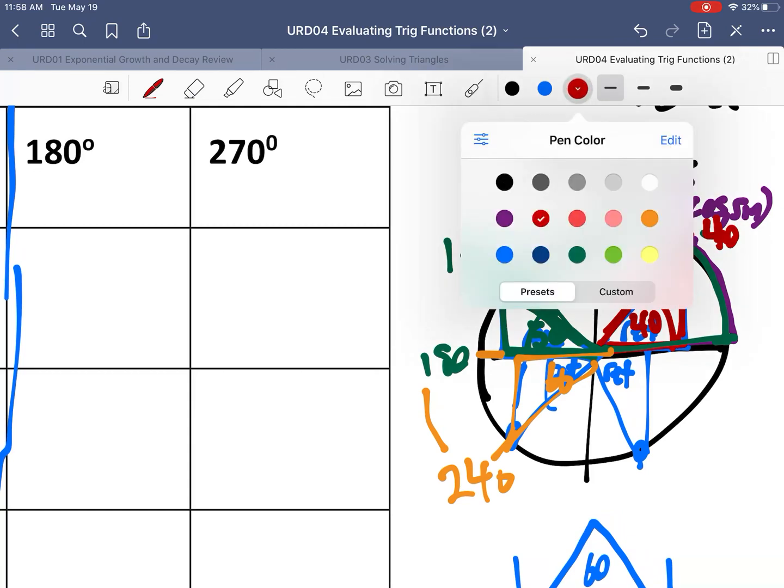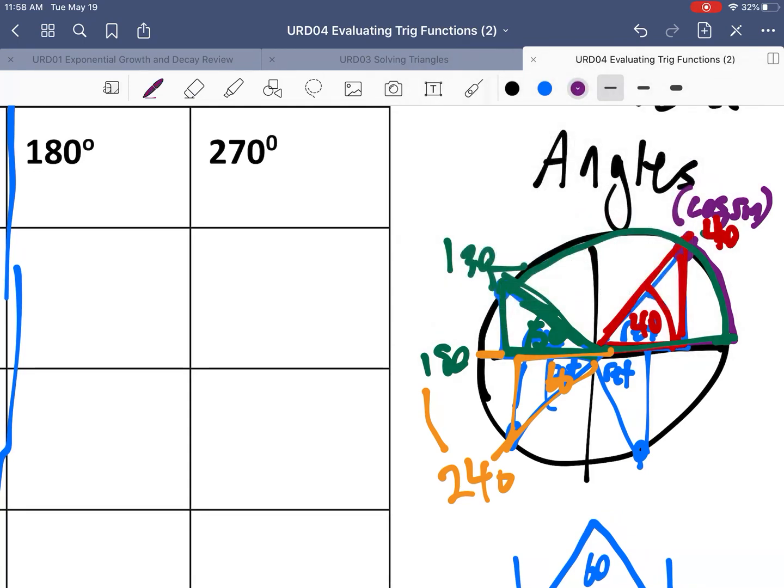I'm just making up numbers, so hopefully it's clear. If I were to write a point here and say this point was 297 degrees, and being that this is 360 degrees, the distance between these two is 63 degrees, so that makes this reference angle 63 degrees in this triangle here.